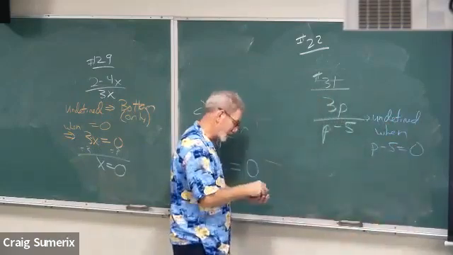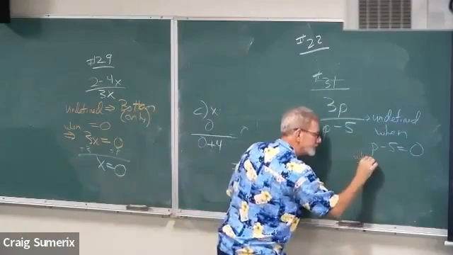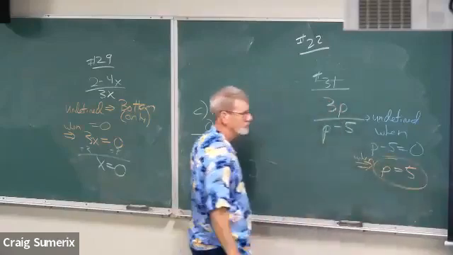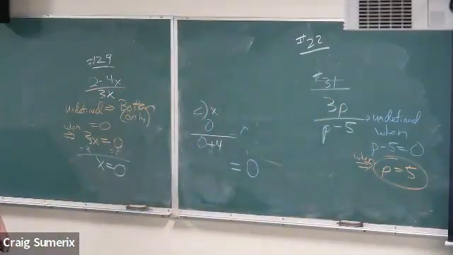So when does that happen? If you put in 5 for p, doesn't it blow up? The bottom becomes 0.